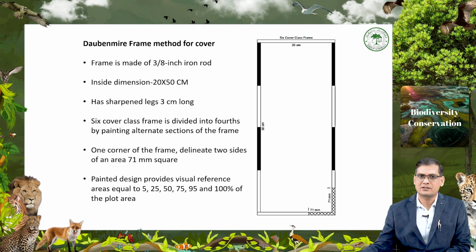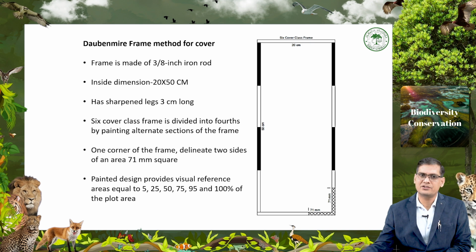Six cover classes: the frame is divided into fourths by painting alternate sections of the frame by different color, generally with black and white or with black and red. One corner of the frame delineates two sides of an area of 71 millimeter square, so it is 71 by 71 millimeter.